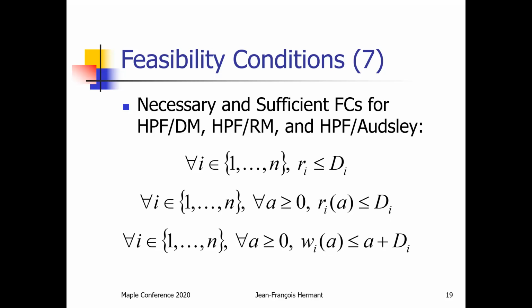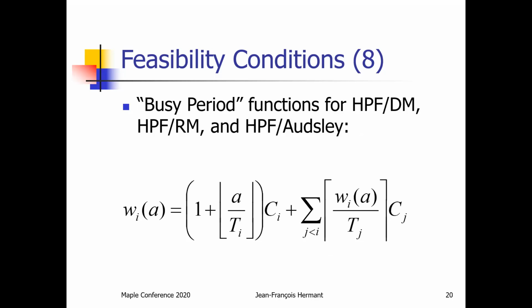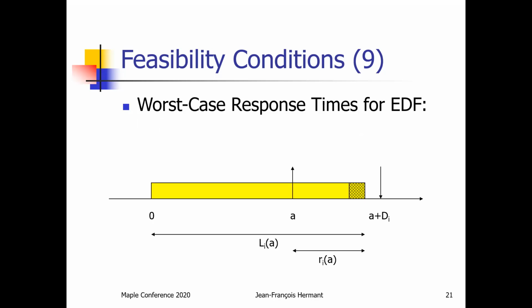The necessary and sufficient feasibility conditions for fixed priority scheduling algorithms are written as follows. The busy periods are computed as follows. We have step functions, and we need to compute fixed points. This is done by successive iterations. We can compute worst-case response time for EDF as well.